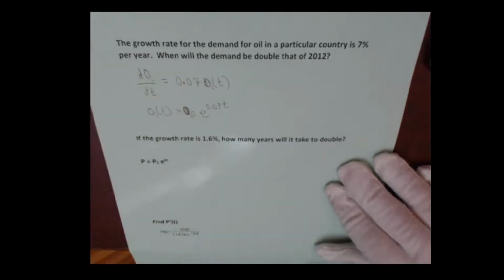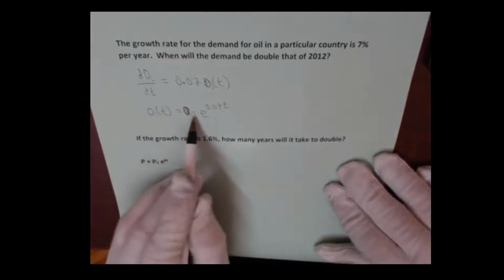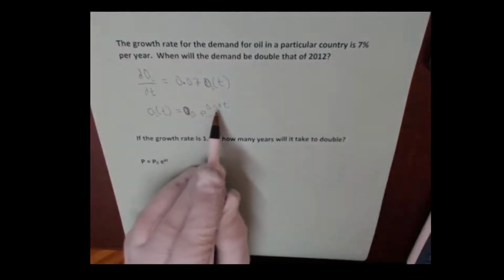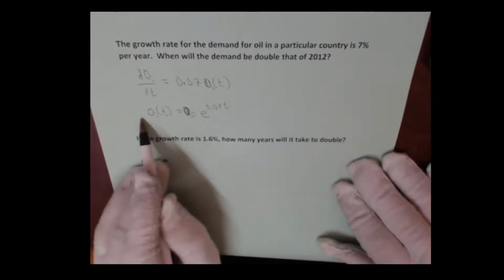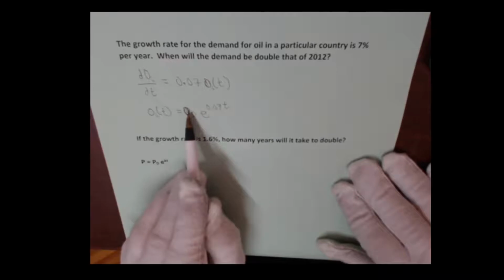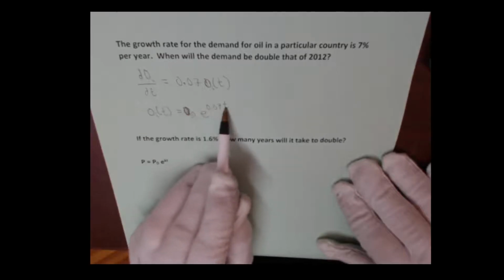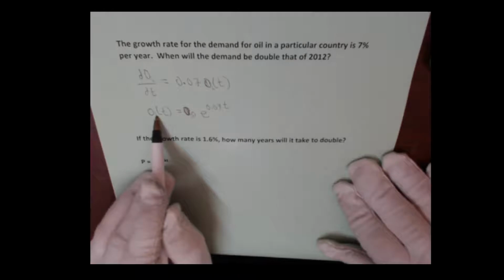I'm sorry, I put a P there, that should be an O. So our oil equation is equal to our starting amount, which is what this O₀ represents, times e to the 0.07t. Now, that's your equation. It's your principal right here, your starting amount, times e to however much time has passed in years, is equal to your future amount. So let's go ahead and solve this equation.